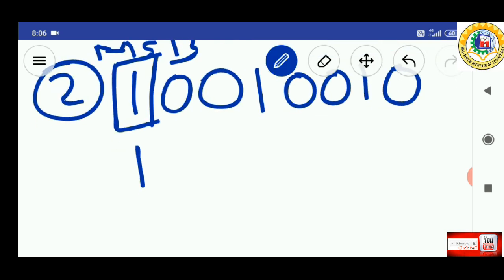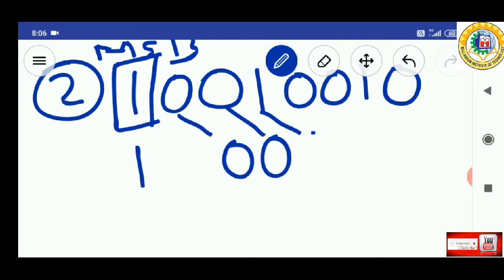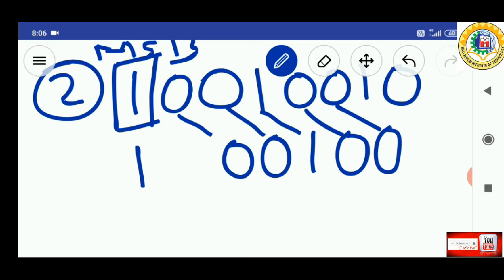And we want to shift the data one by one. So this 0 will come here, this 0 will come here, this 1 will come here, this 0 here, this 0 here, this 1 here, and this 0 is dropped. Just like left shift, the rightmost data is dropped.